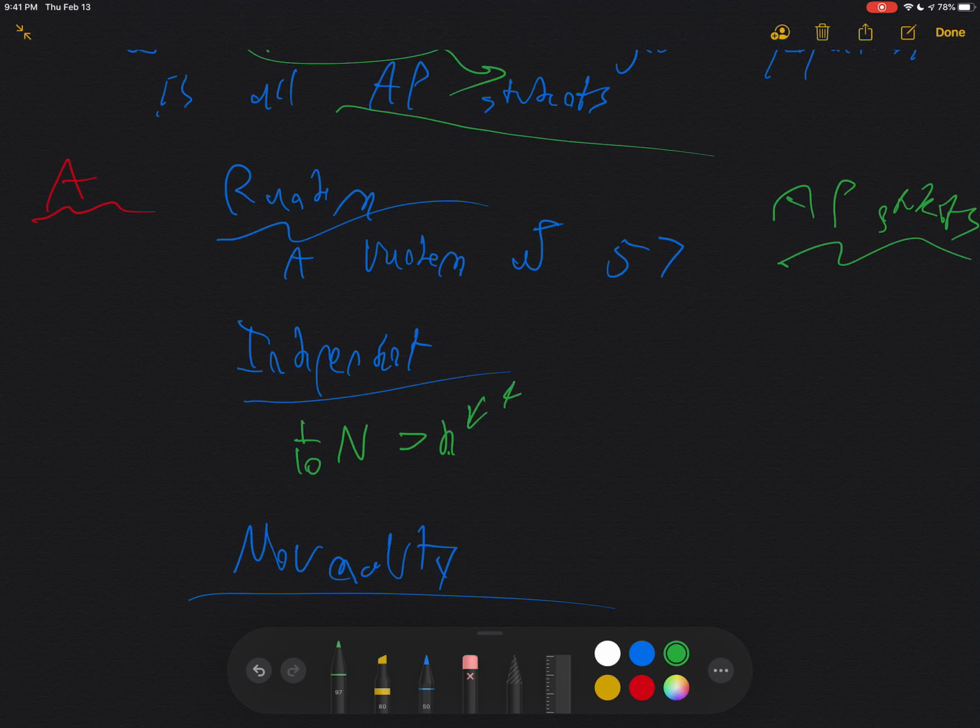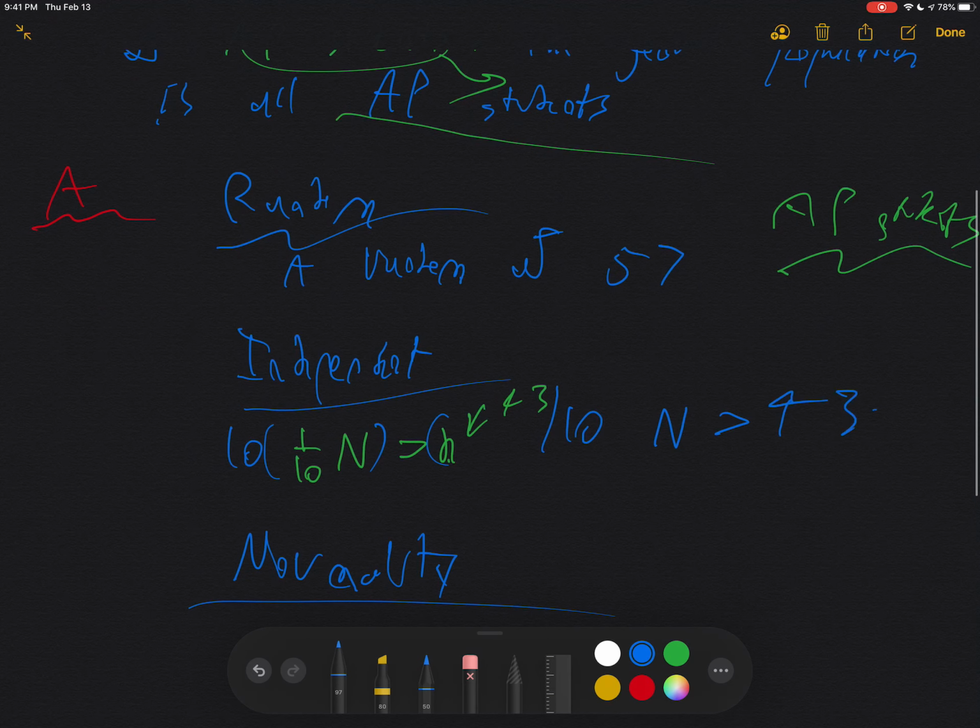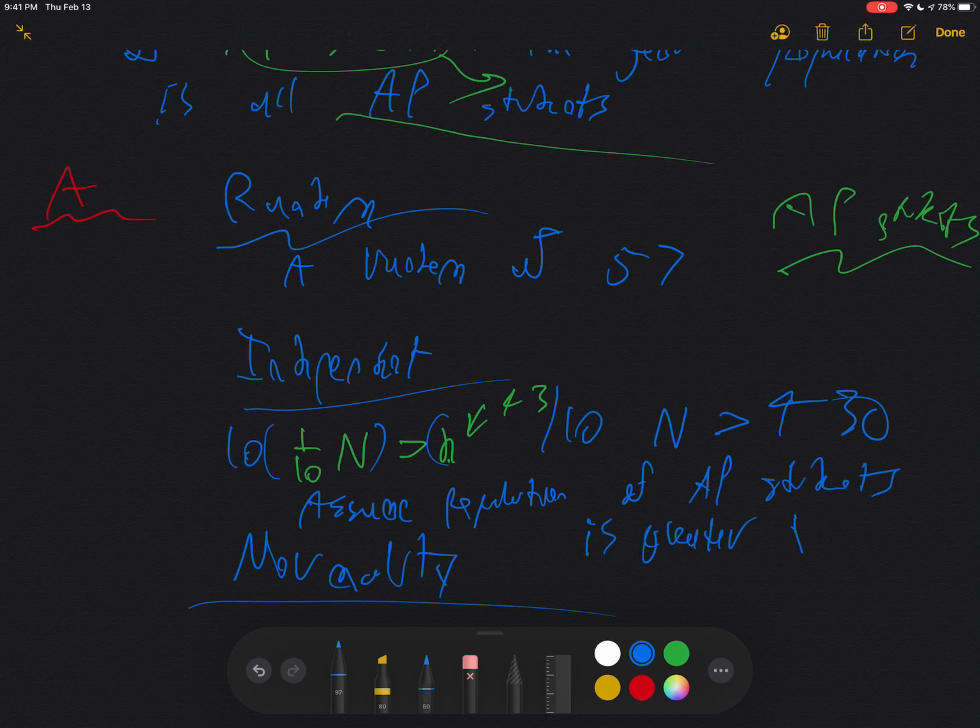In our case, the sample size is 43. So doing basic multiplication, the population needs to be greater than 43 times 10, which is 430. So we would just write something like: assume population of AP students is greater than 430.